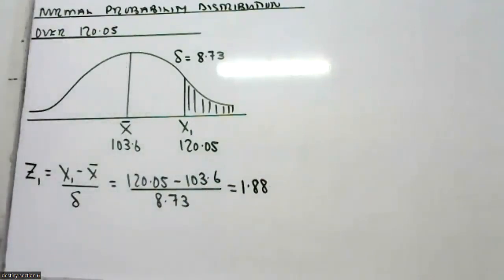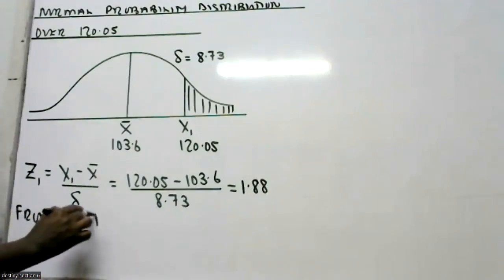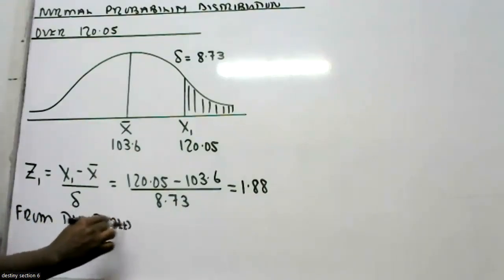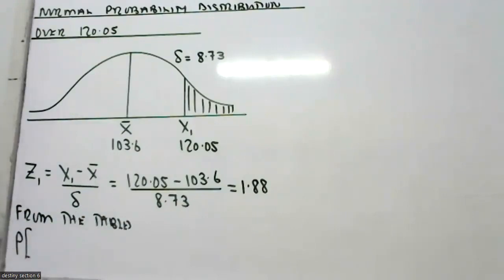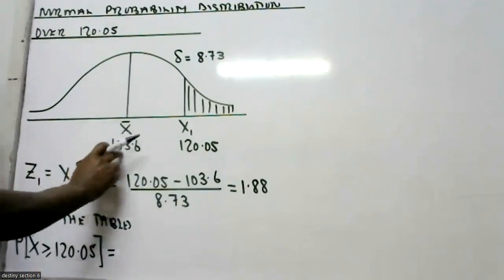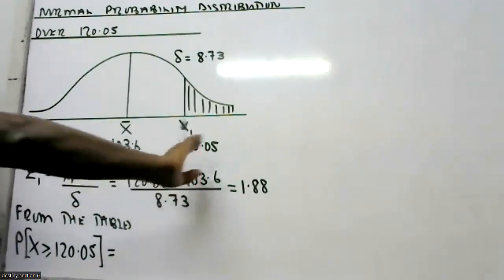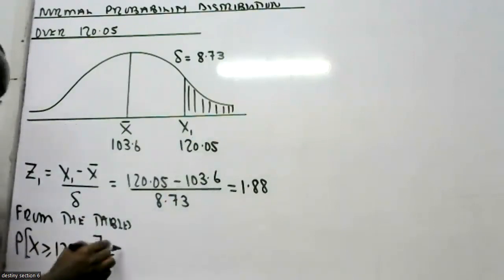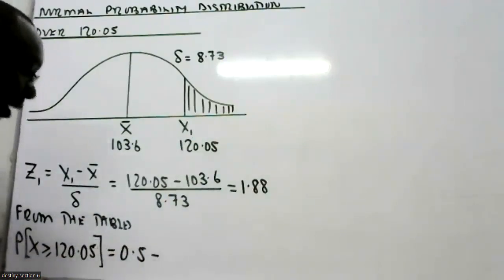So if we have 1.88, then we see from the tables. Probability that x is greater than or equal to 120.05 will be equal to. So as we said, when we go to the tables, what we shall read will be from here 103 to 120. And because we want higher side, then we must say 0.5 minus.